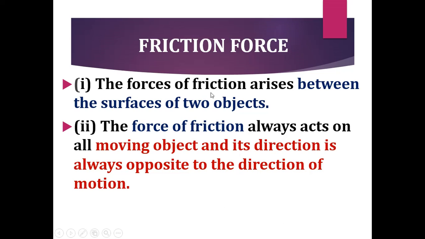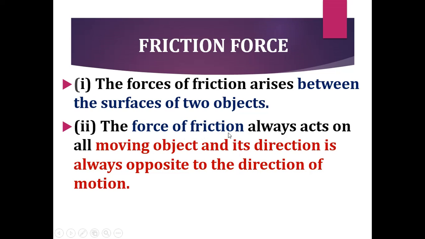So where does the force of friction arise? It will be caused between the surfaces of two objects. So the friction force will occur between the surfaces of two objects.